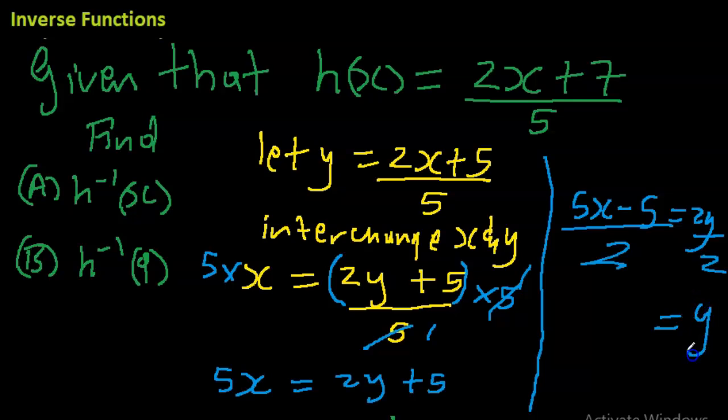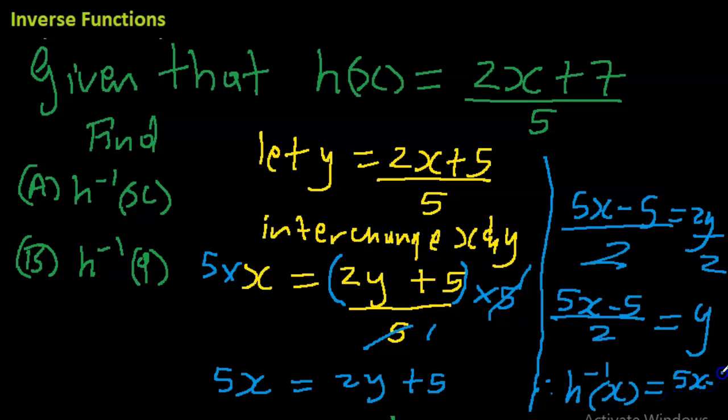So 1y, and then 5x minus 5 over 2. And of course, whatever you have for y, that is your inverse function. So therefore, h inverse x is equal to 5x minus 5 over 2.